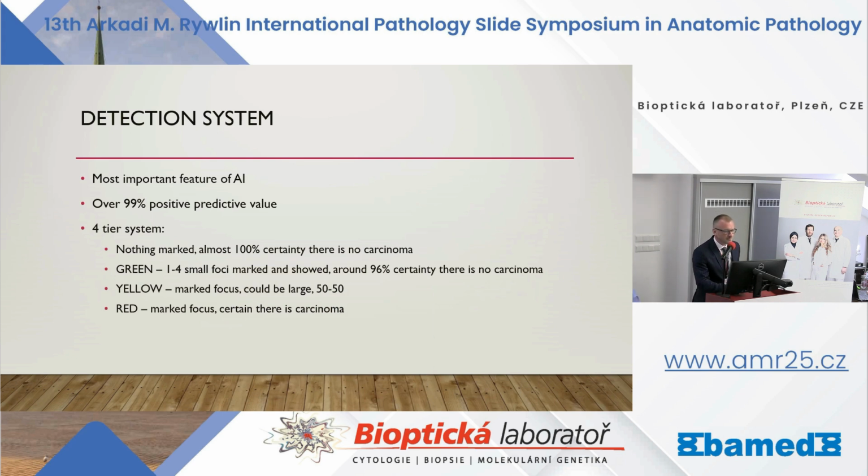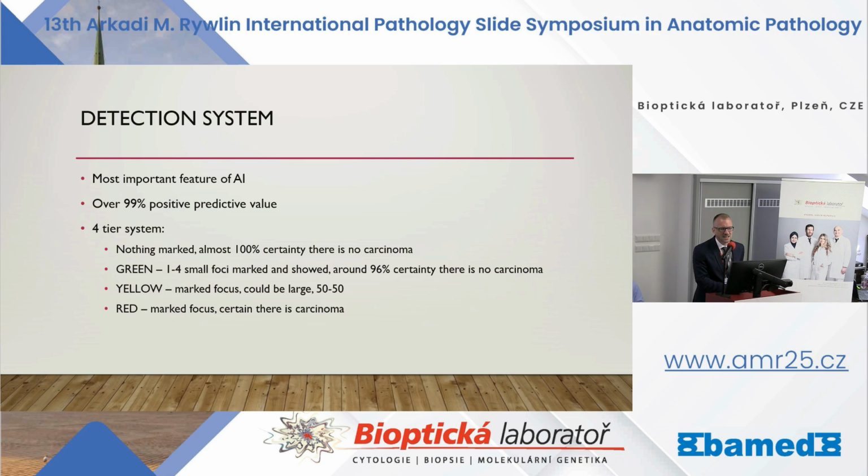The detection system for prostate has a really nice positive predictive value, over 99%. And all you get is a 4-tier system. If there is nothing marked on any slide, you can be almost certain it's benign.